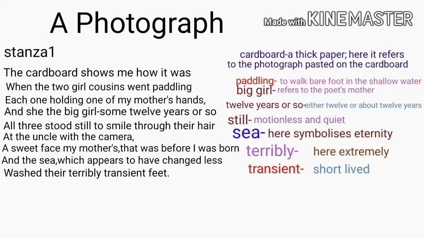And the sea, here sea symbolizes eternity. Sea is an element of nature and it symbolizes eternity or a very, very slow change. Nature changes very slowly. That's why the poet says that the sea appears to have changed less since the time when her mother had gone on the sea holiday.